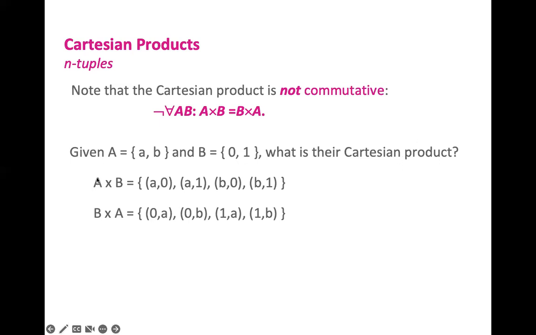A times B would be (a, 0), (a, 1), (b, 0), and (b, 1). But since the order is different, B times A would be ordered so that B elements always come first. So we have (0, a), (0, b), then (1, a), (1, b), right? So as you can see, they have different values.